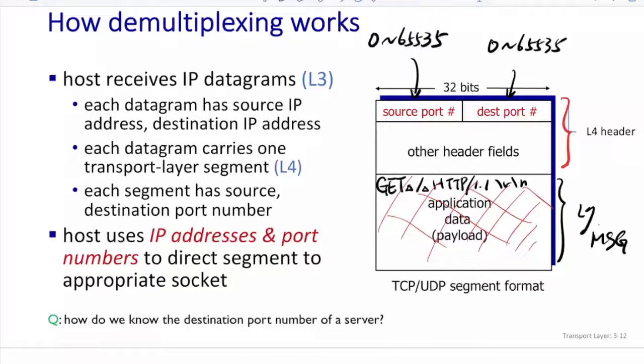So when you send your message, you have to specify the port number you use, which is the source port, and the port number used by your corresponding receiving process, which is the destination port.